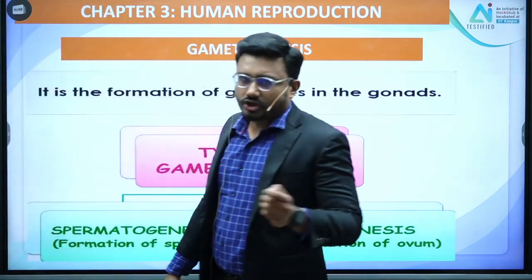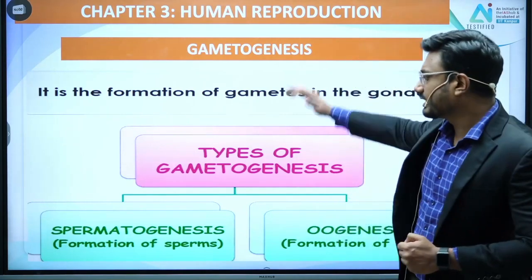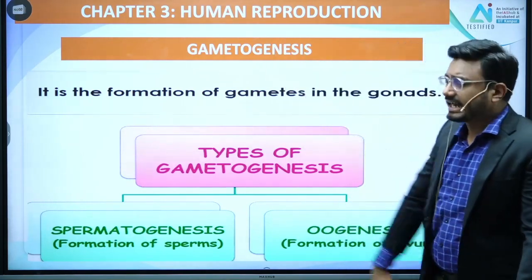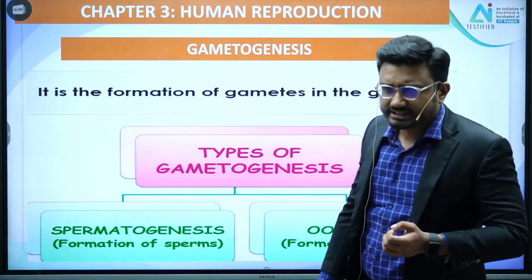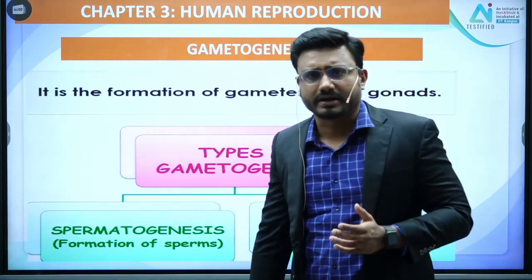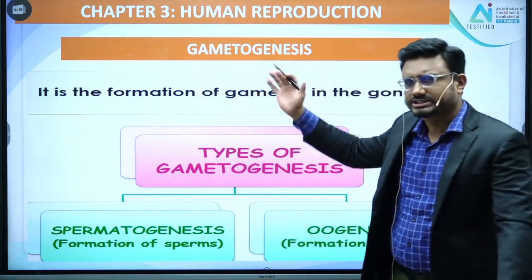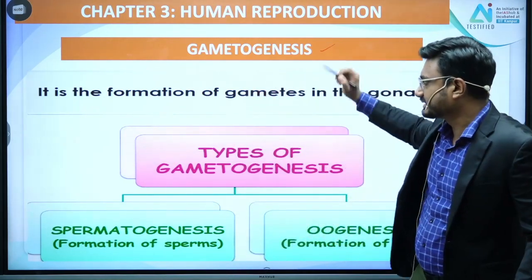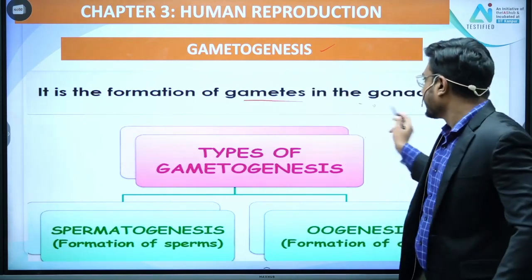We have discussed all the key concepts from chapter 2. Now let's go through the concepts of chapter 3, that is human reproduction. In human reproduction, you can go through the male and female reproductive parts. Now let us discuss a very important concept from this chapter, that is gametogenesis. Gametogenesis means the formation of gametes in the gonads.